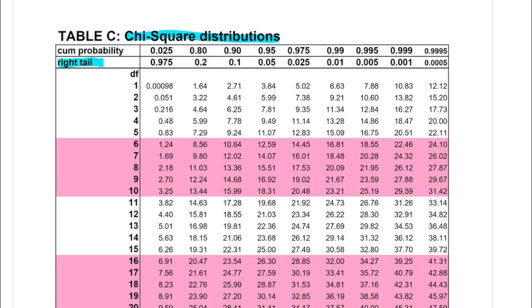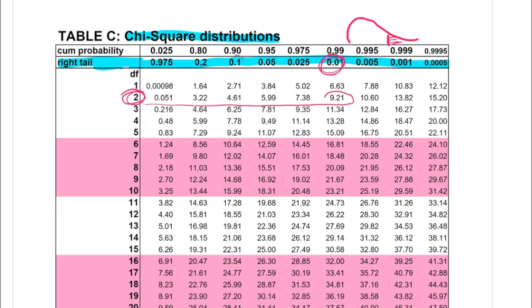Remember, we're always looking at the right tail. So we're always looking at this row for our alpha. It's the right tail because the chi-square distribution is skewed. So we're always looking at this tail when we're doing the hypothesis test. Our degrees of freedom for this problem was 2, and our alpha was 0.01.